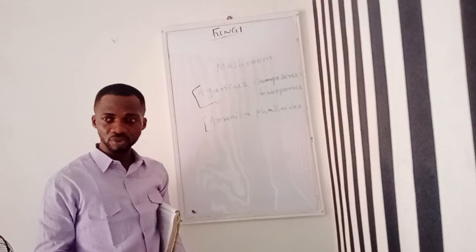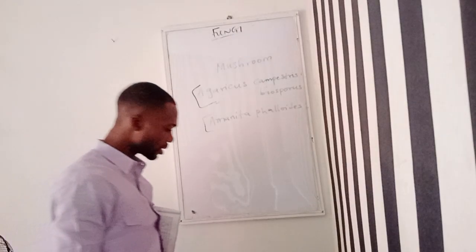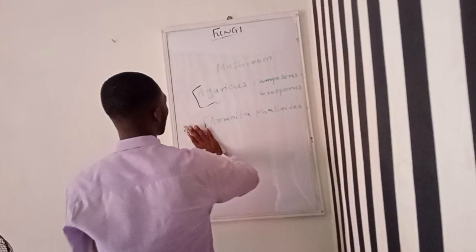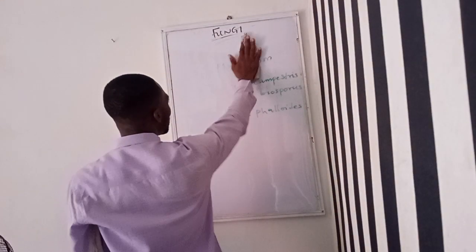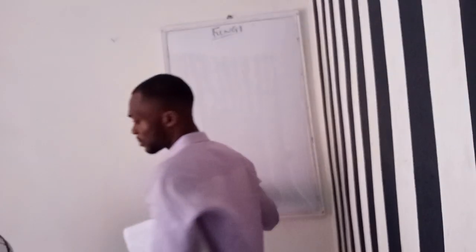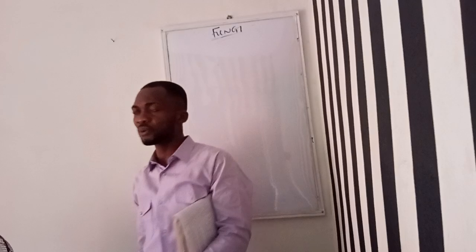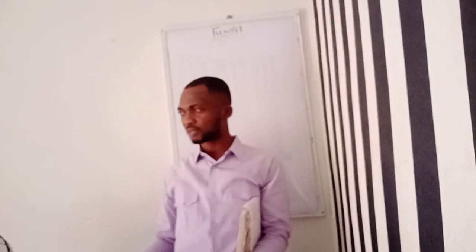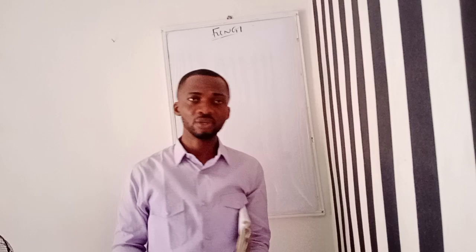So is there any other? Okay. Then it's also important you know that fungi can be used in microbial genetics, in the study of some cellular processes. Like there's what we call cytoplasmic streaming, which occurs in some organisms.